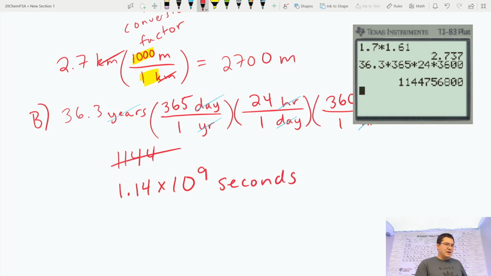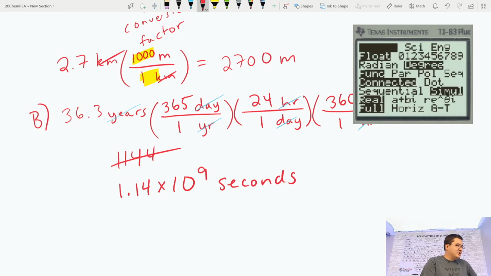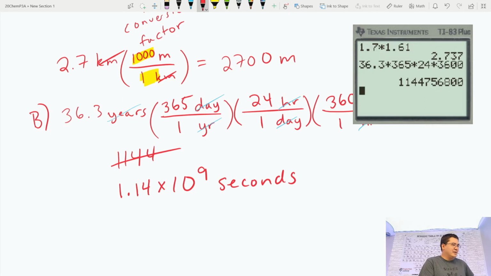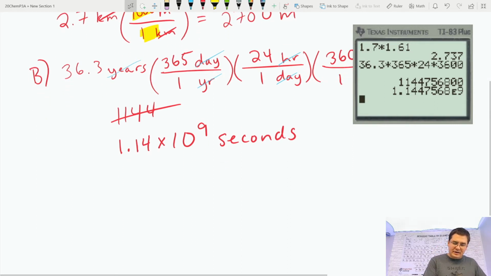And that's scientific notation. Many calculators have that notation. I could switch to scientific. I recommend that you get a good calculator for this year. We won't be doing a ton of math, but it's nice to have a good calculator. If I check that out, it tells me in scientific notation. That little capital E means times 10 to the. So that's 1.14 times 10 to the 9th seconds. That's how old I am.